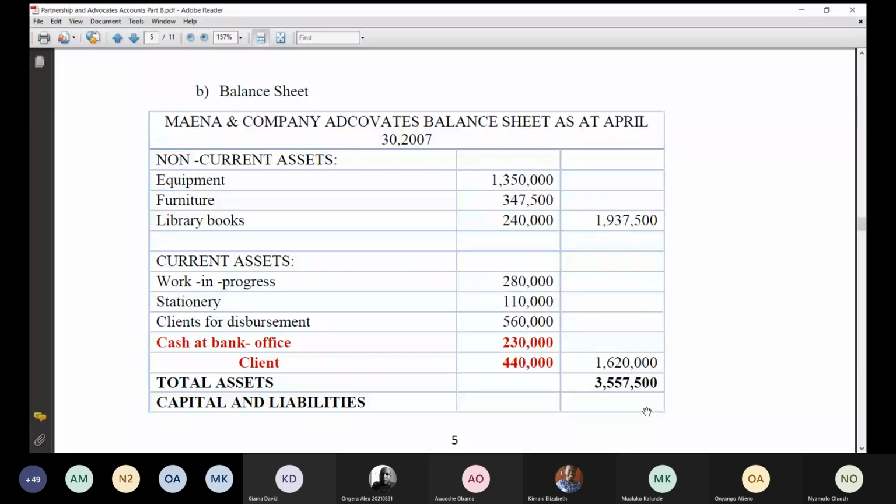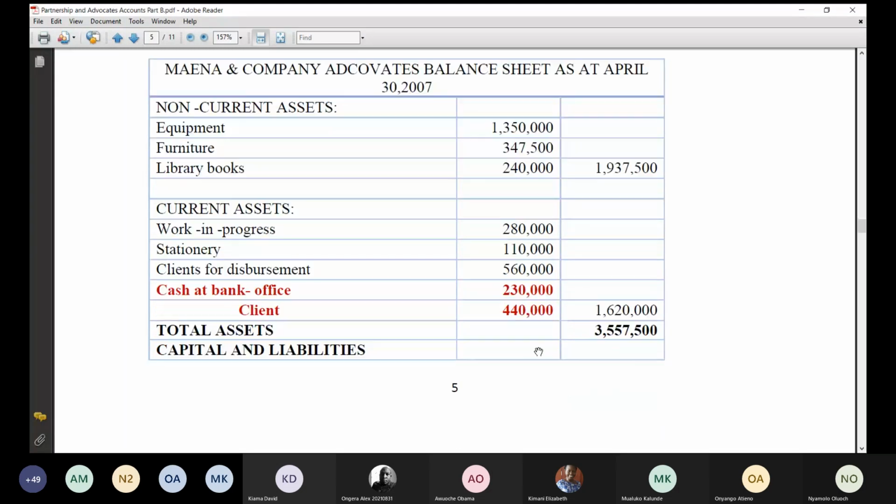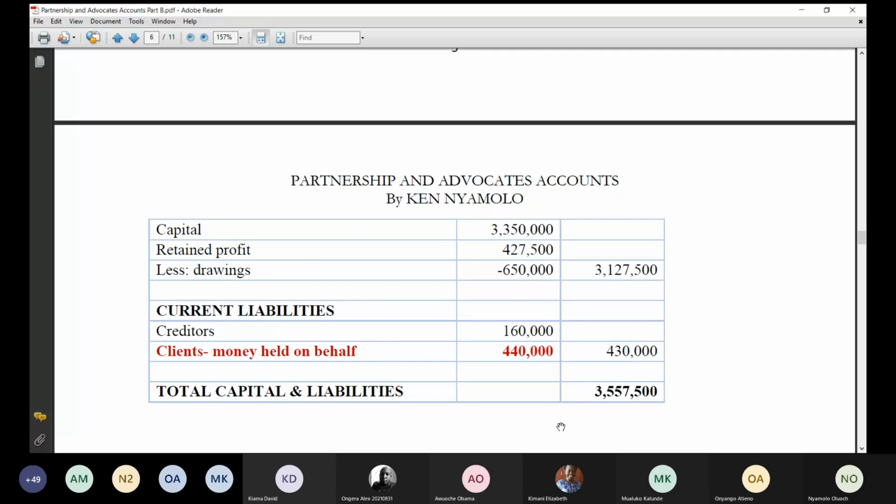But it is also a liability that you are going to see under the current liability side. So what does it then tell you? It therefore tells you that there is a side of your cash book that must always tally with the side of your client account.